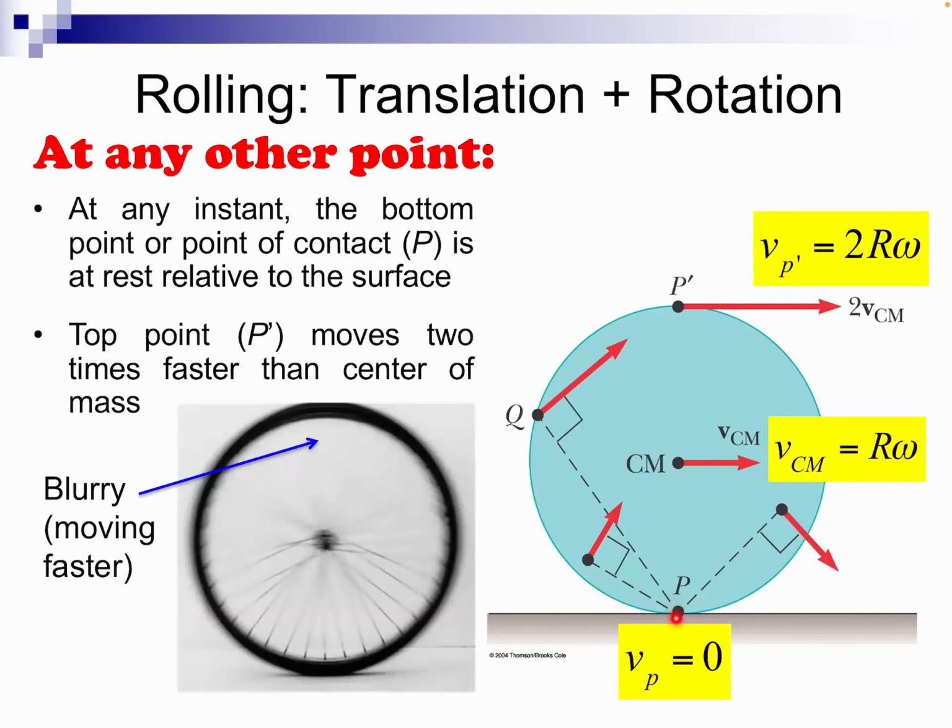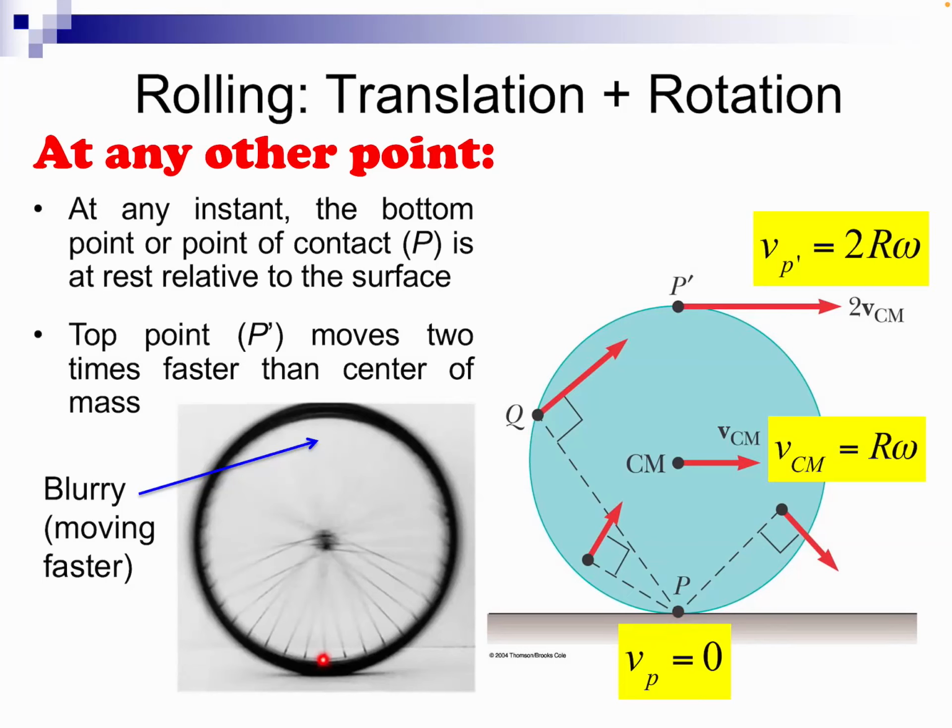At the bottom of the wheel or the rolling object, the bottom is in contact with the ground, right? So at the bottom, the wheel is temporarily at rest. So the linear velocity is equal to 0.